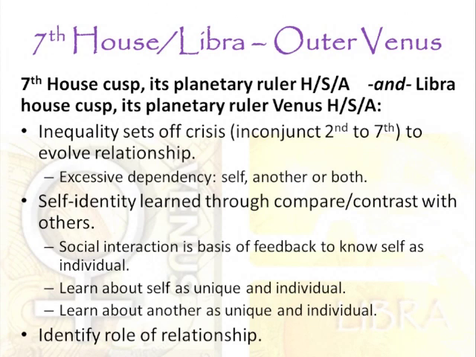Again, how we learn who we are as a unique individual, how we learn who another is as a unique individual. And that inequality that sets off the crisis, that causes us to listen, and then gives us all the feedback, it's how each of us learn our own individual role in the relationship.